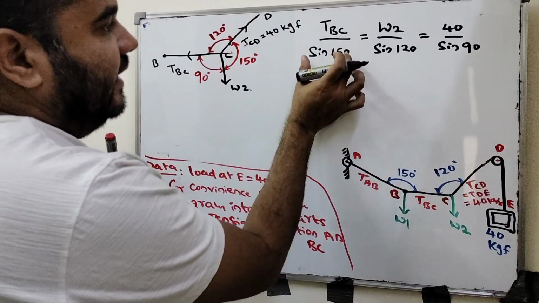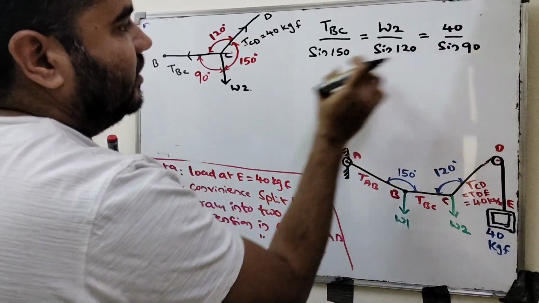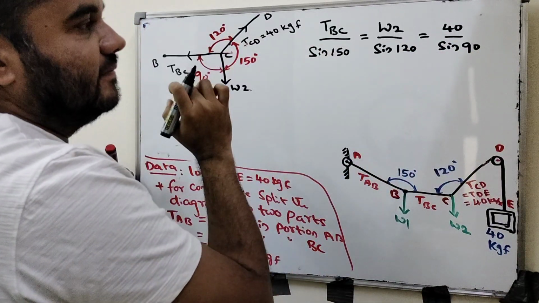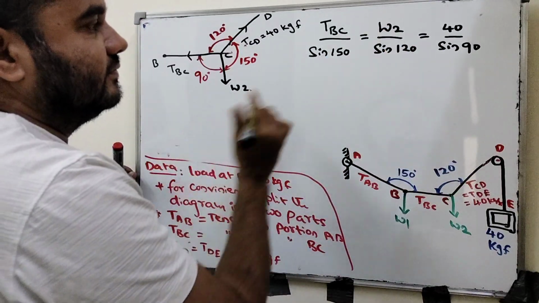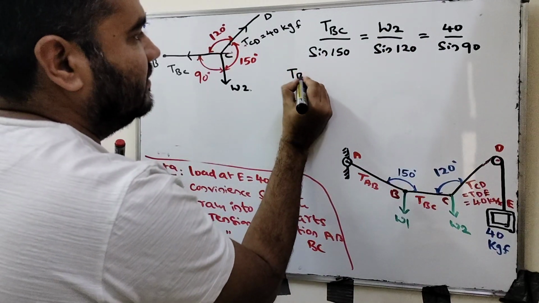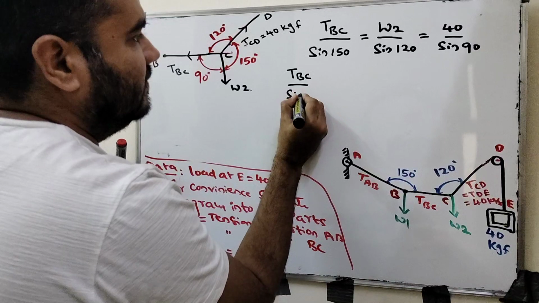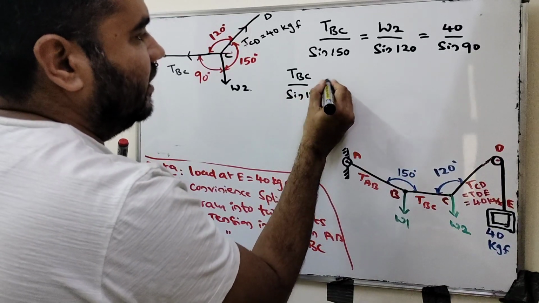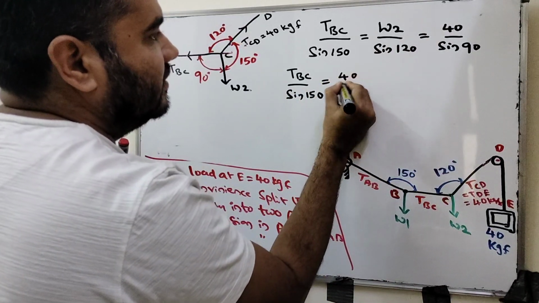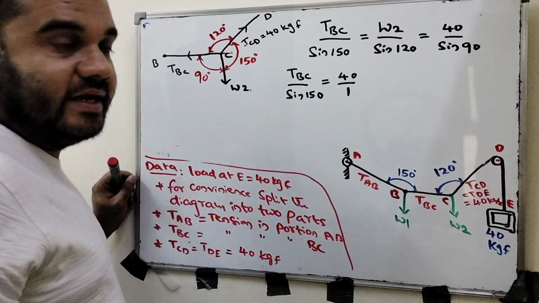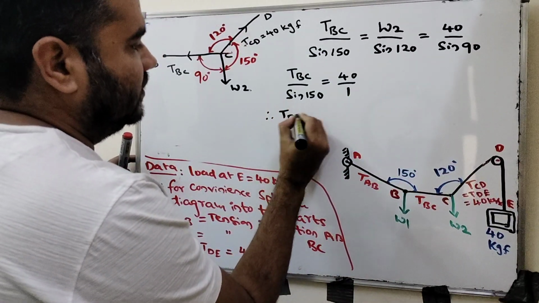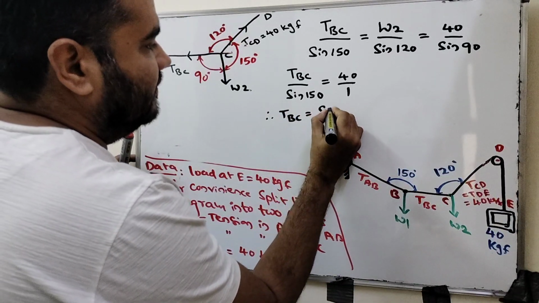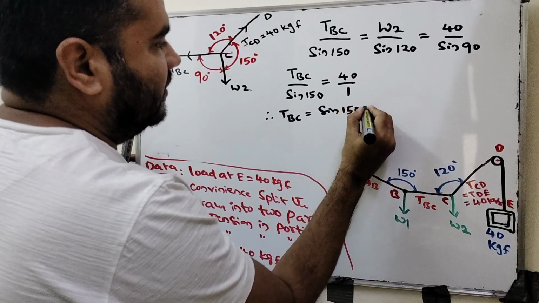Now take this and this value and you can find the tension in BC. Take this and this value and you can find W2. That is, T of BC divided by sine of 150 equal to 40 divided by sine 90, which is 1, right? Sine 90 is 1. Therefore, T of BC equals sine of 150 into 40.